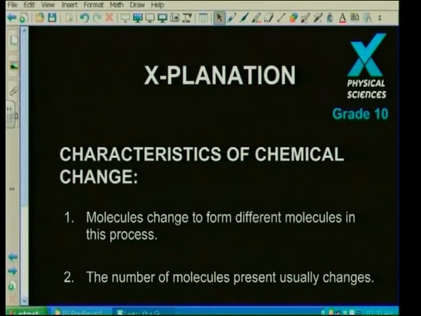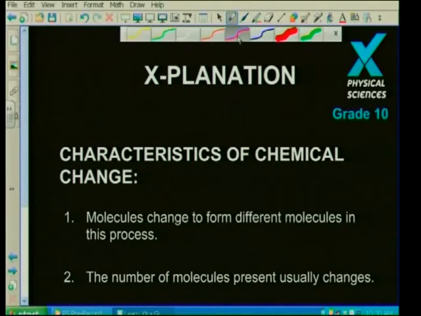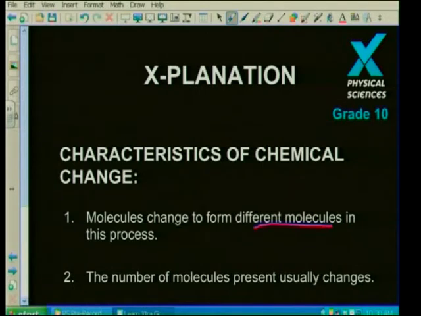Right, what you've got here, the first point of a chemical change is that the molecules change to form different molecules. So we start with a certain number of molecules, and they change not just their arrangement, but they change themselves. I think it's important that you understand this idea very carefully. So I want to just make a note of it.